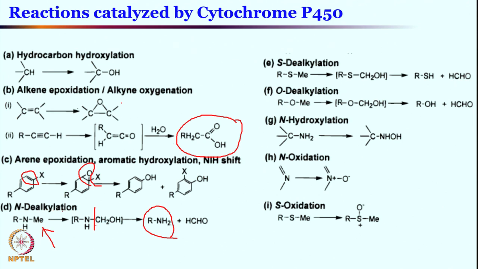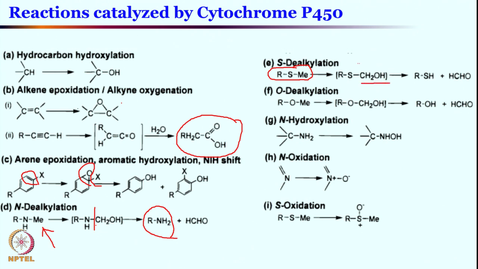Another very interesting reaction which we may have seen in different contexts is that S-dealkylation chemistry can also happen. As you can see over here, this thioether RSMe can also be reactive towards this high valent iron oxo species to give you an RSCH2OH moiety.